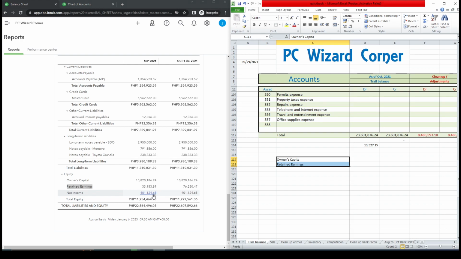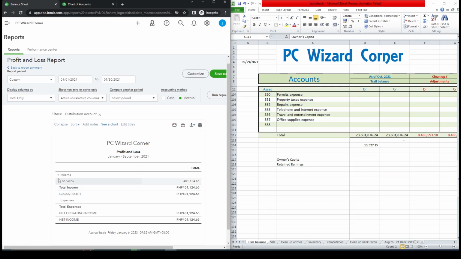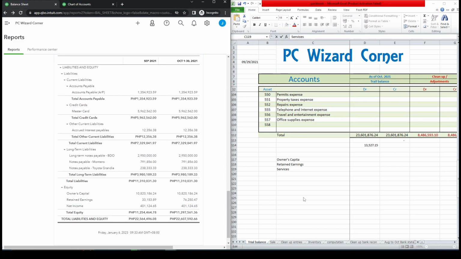And this one, let's click here. It's service. And the amount, let's copy also the amount. Retained earnings and the service.